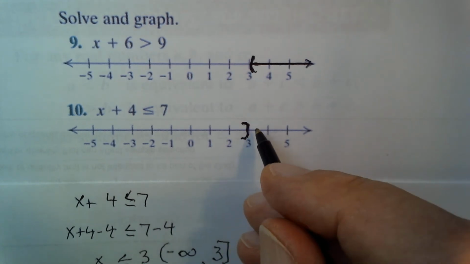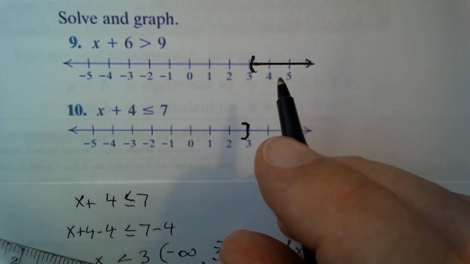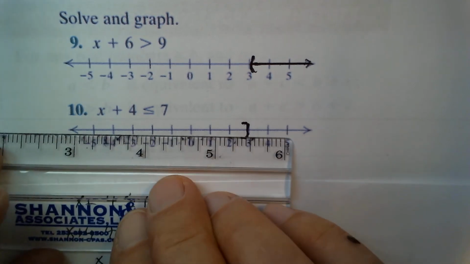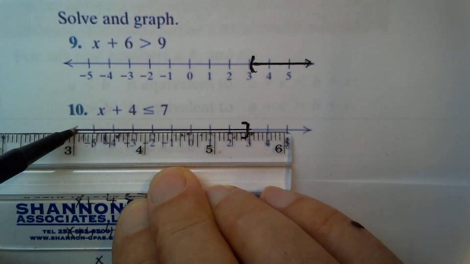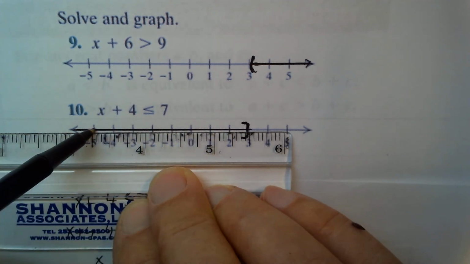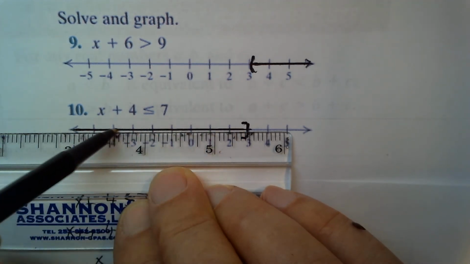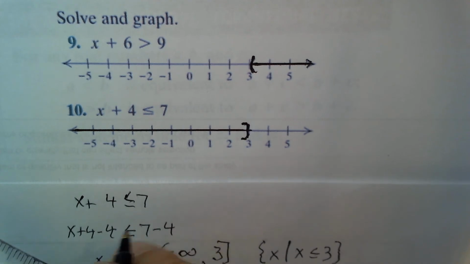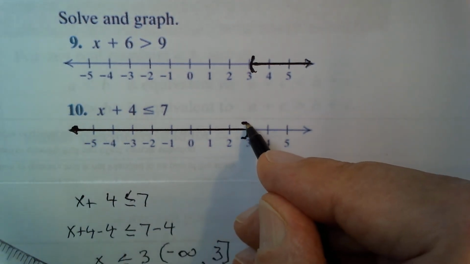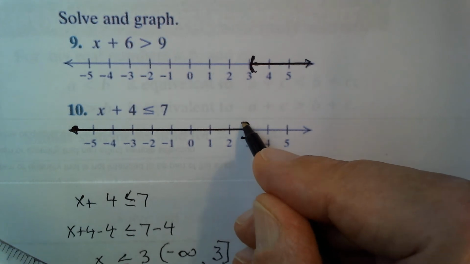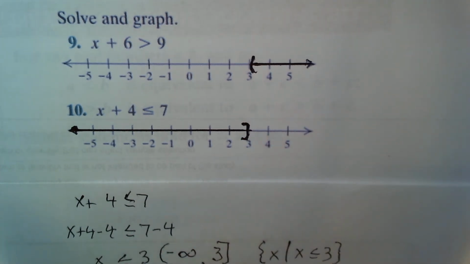We start at 3 with a bracket, and then it's all the way to the left, all the way to minus infinity. So we draw a line this way and put an arrow at the end, and it will be our graph. And again, this is a bracket because it's less than or equal to 3.